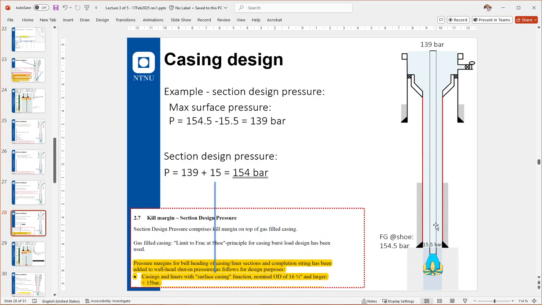What should I test my BOP to? Your answer is the section design pressure, 154 bars. All right. I hope that was clear.